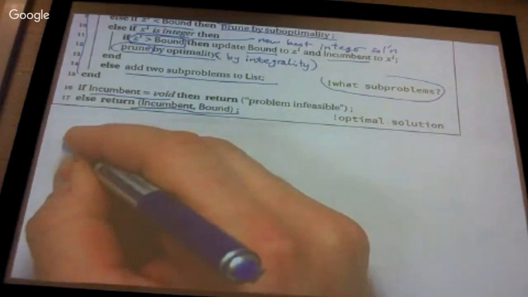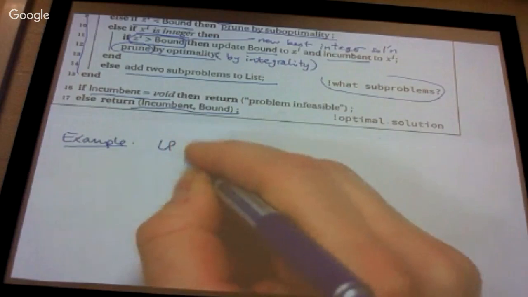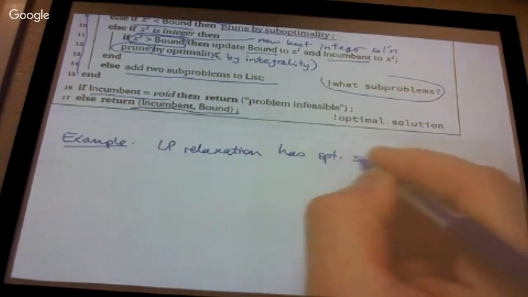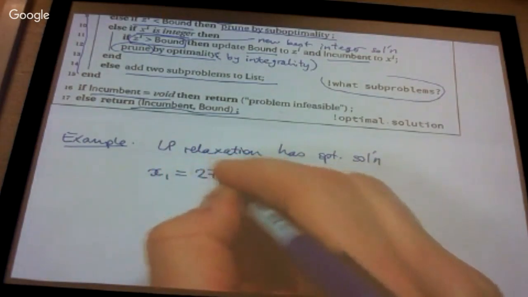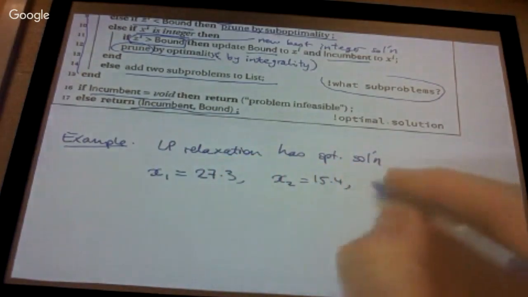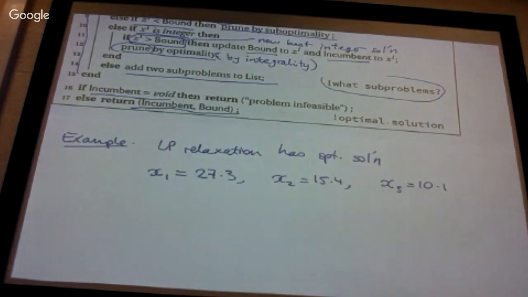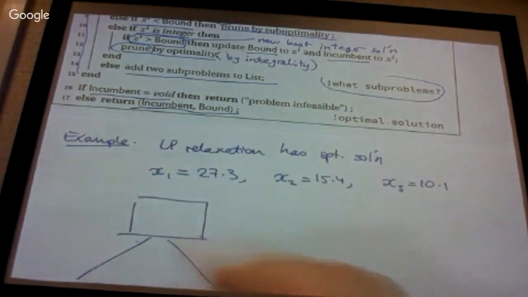So, for example, x1 is 27.3, x2 is 15.4, and x3 is 10.1. So you do one of three things. You don't do all of them at once. So what you have is this problem, and you're trying to do the two branches.